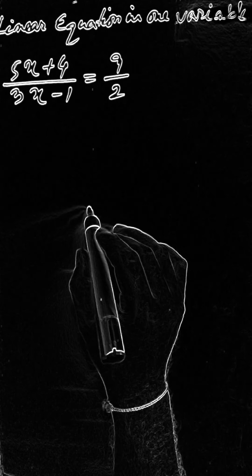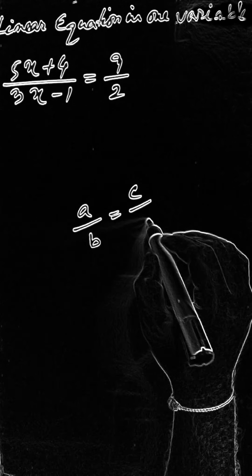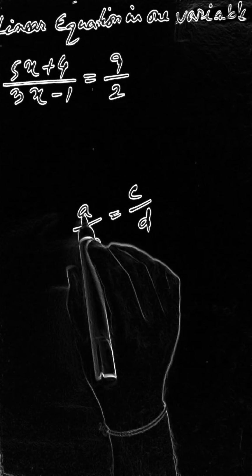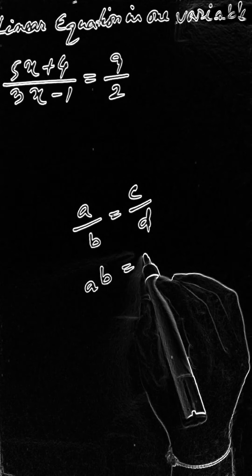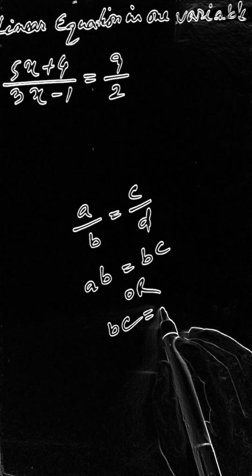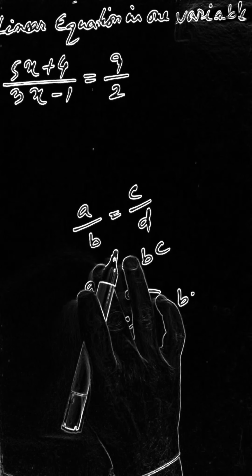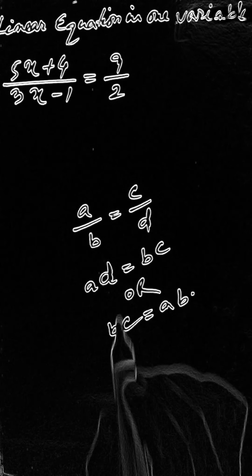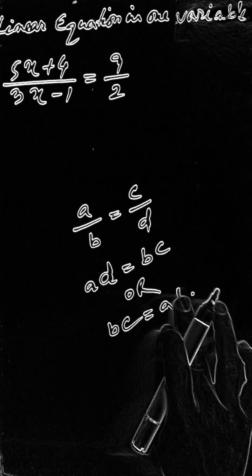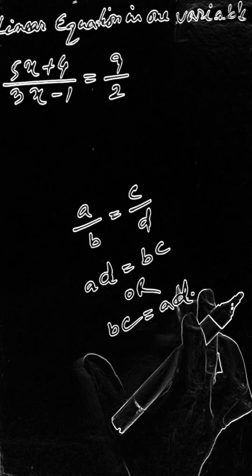So let me just remind you, a by b equal to c by d. It can be written as AD equal to BC, or it can be again written as BC equal to AD. I'm so sorry, here it should be AD. Okay, this rule will be even applied here as well.